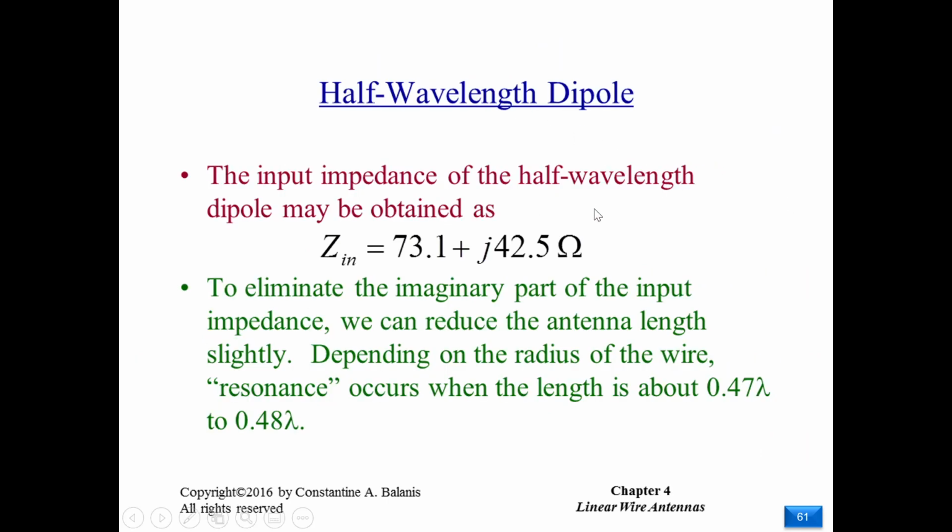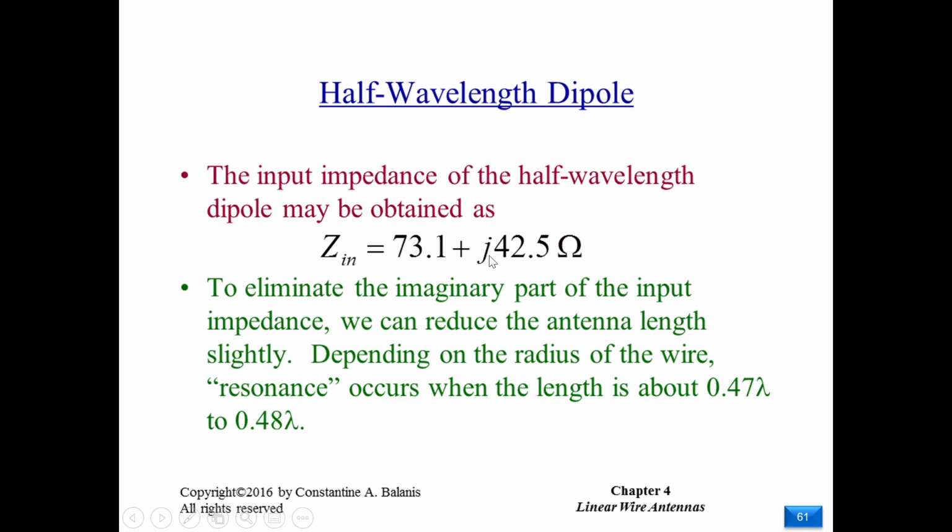So the input impedance for the lambda by 2 dipole antenna has this expression here: Z input equals about 73 ohms real part, and it does have an imaginary part.